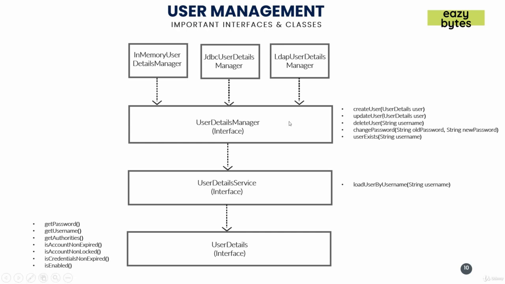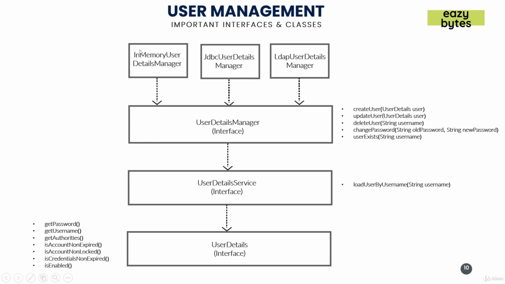At the same time, Spring Security provides three famous user details manager implementations. Whatever you are seeing at the top, all these are classes and they are implemented by default by the Spring Security framework itself by implementing this user details manager interface.